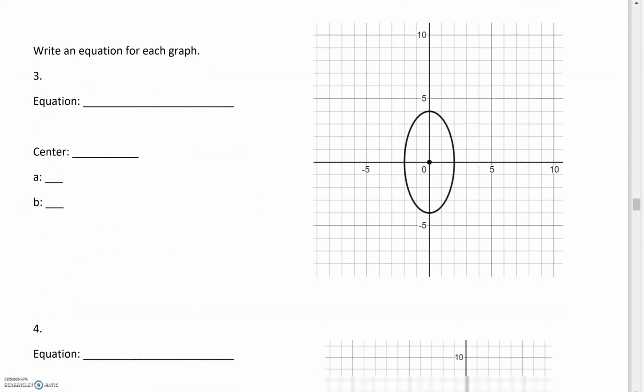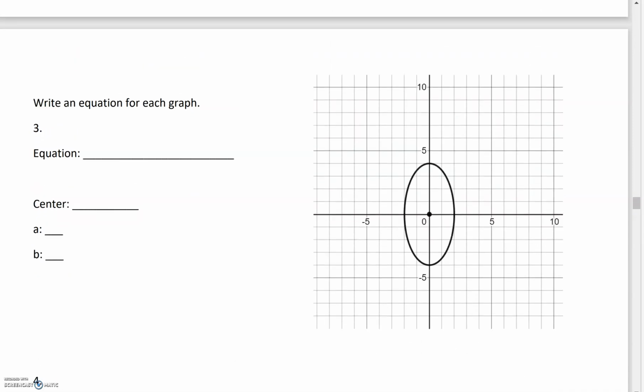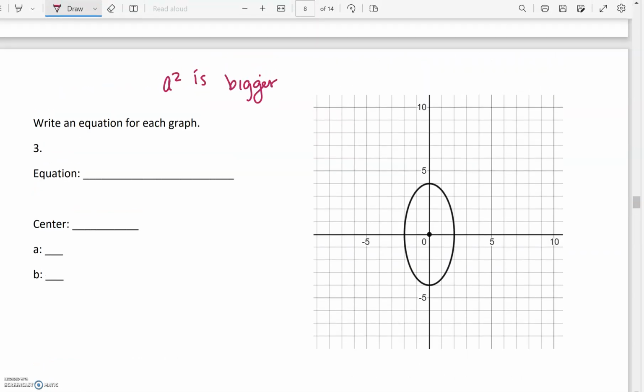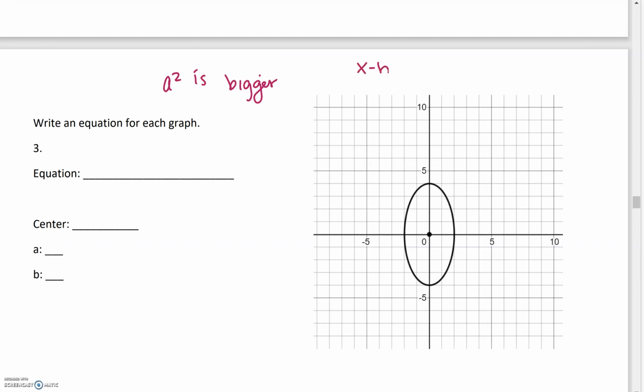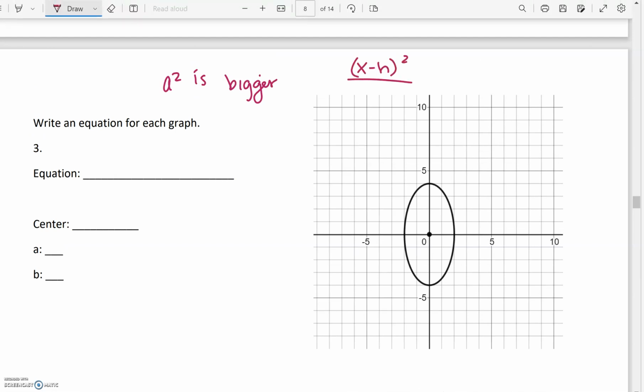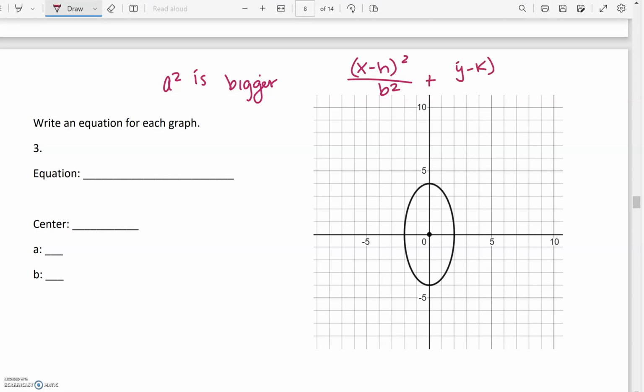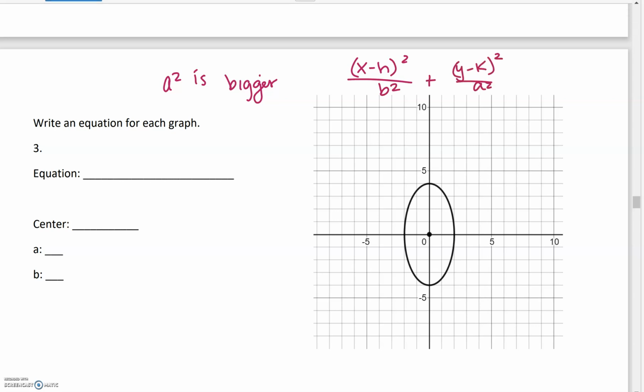So next we're going to go the other direction this time. We are going to write the equation for it. So remember that a squared is the bigger number. On this one, we are going to have x minus h squared over b squared plus y minus k squared over a squared is equal to 1.